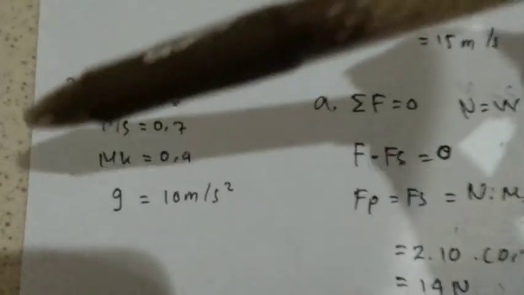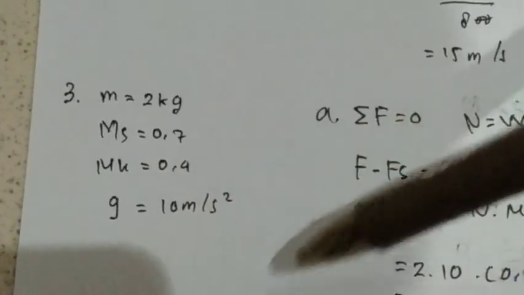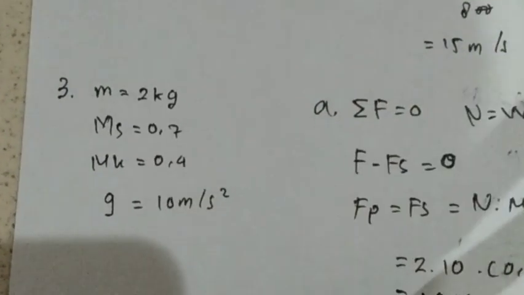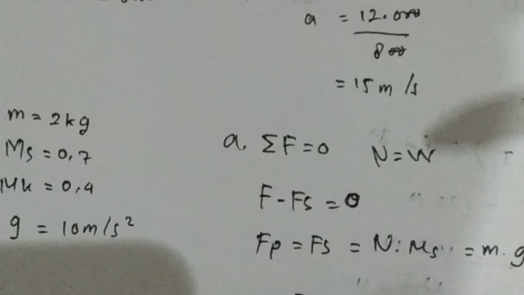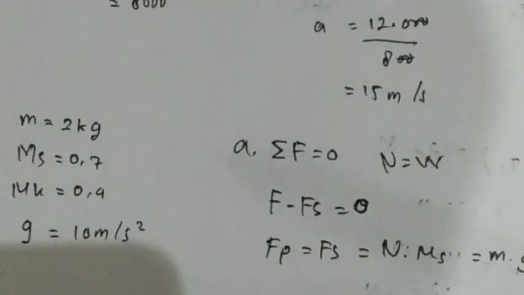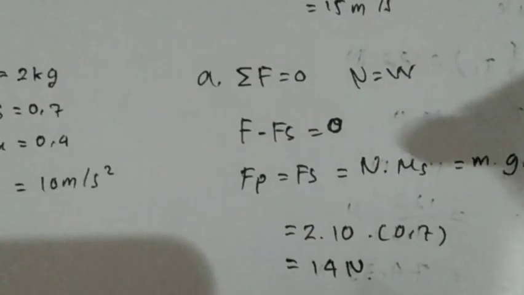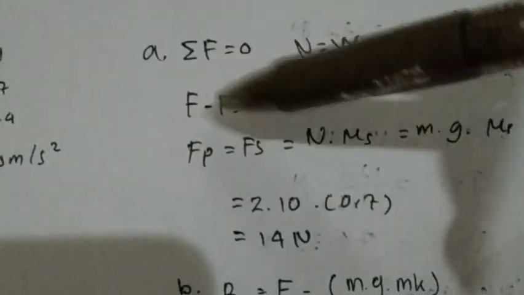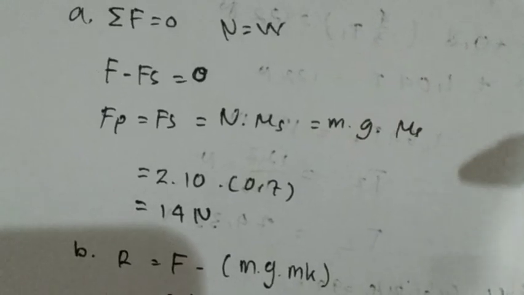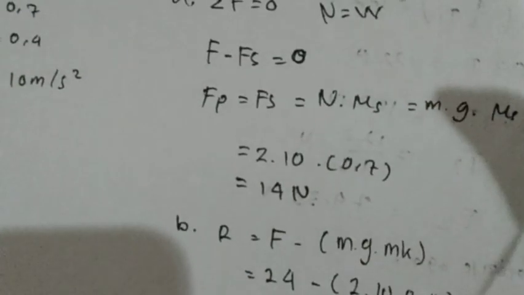Number 3, mass equals 2 kilograms, mu s 0.7 and mu k 0.4, gravity 10 meters per second squared. Sigma F equals 0, F minus Fs equals 0, F equals Fs equals N times mu s equals M times G times mu s equals 2 times 10 times 0.7 equals 14 newtons.